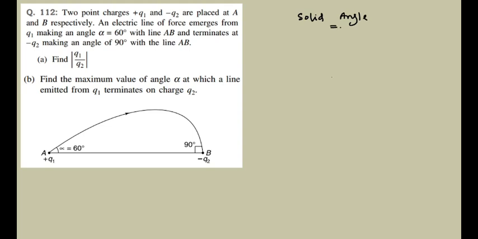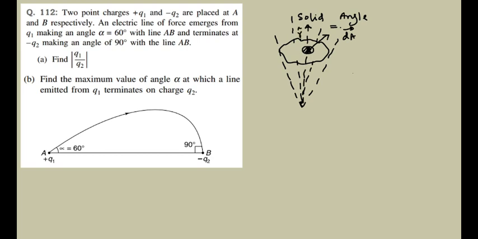What is a solid angle? Suppose I take an arbitrary surface and this is the point, through this point I draw tangents on every point passing through this surface like this. So let us assume I have an elemental area over here. This elemental area vector is in that direction, that is dA vector, and this is the r cap radial unit vector.